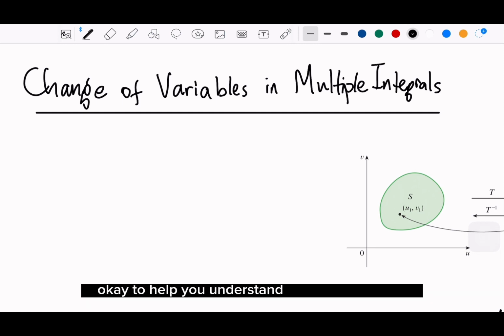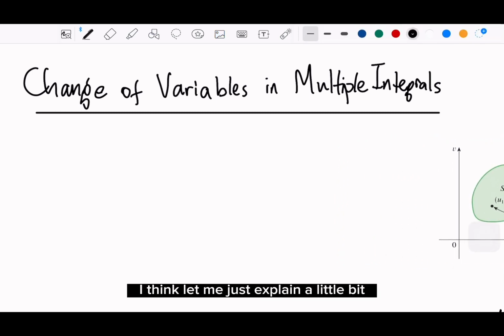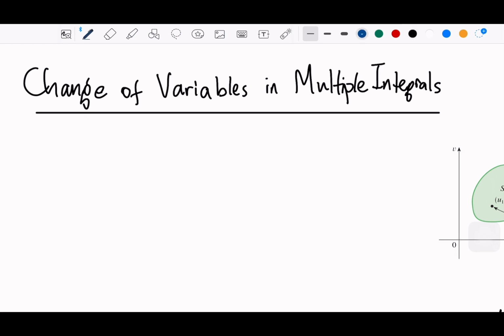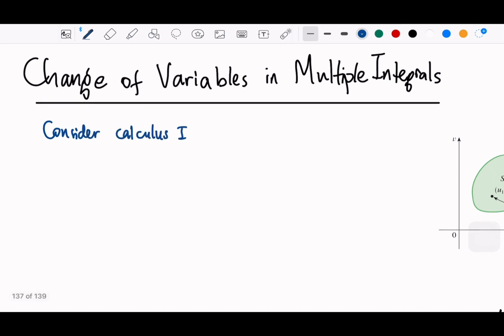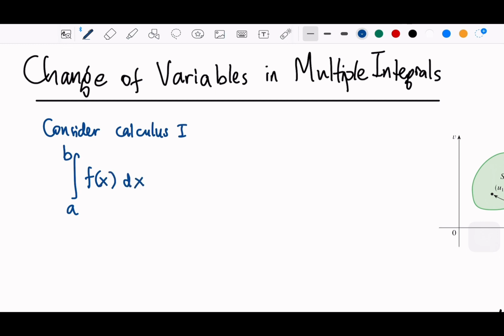To help you understand what it means, let me explain a little bit. In our calculus 1, if you remember, if we take the integral from a to b of f of x dx, we can exchange this f of x.